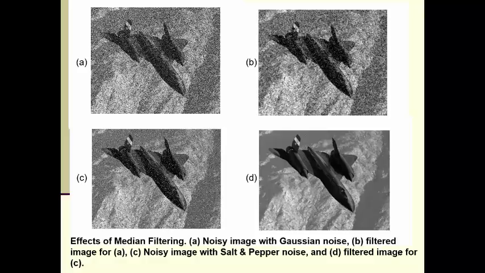And image B is the result of filtering image A. As you can see here, I have some sort of smoothing. Okay? But if we look at the quality of image D, which is the result of filtering the salt and pepper noisy image, you'll find that it has a high quality, as you can see. Okay? So the median is very suitable for the case of salt and pepper.